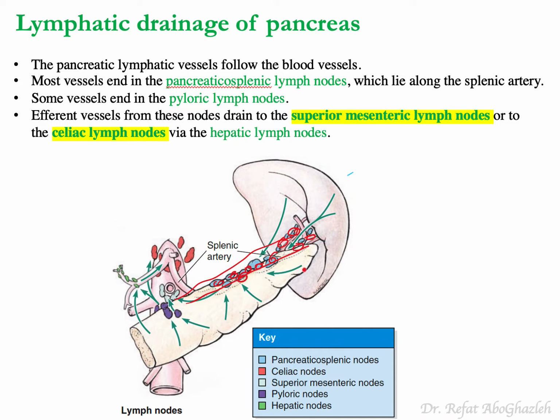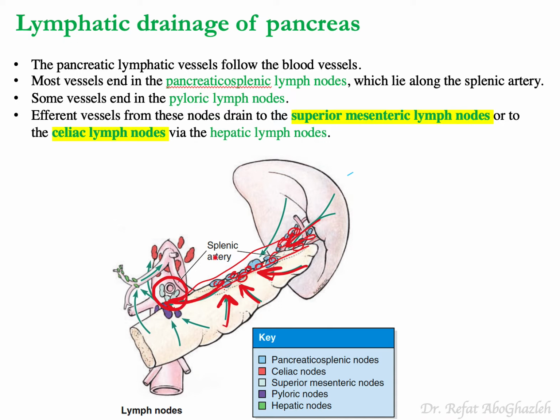So they drain the lymphatics from the spleen, from the tail of pancreas, and from the body. Yes, then from the pancreatico-splenic lymph nodes they will be drained, guys, into superior mesenteric lymph nodes around superior mesenteric artery.